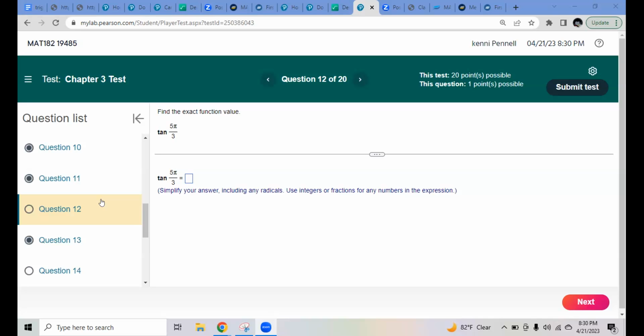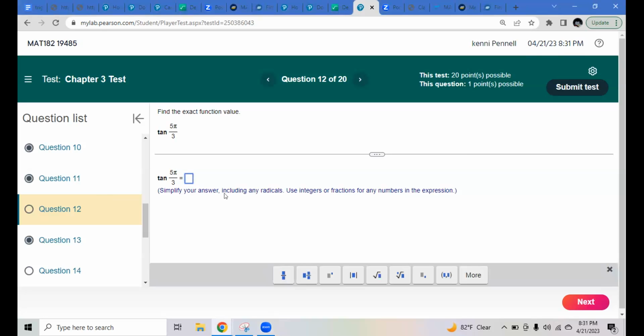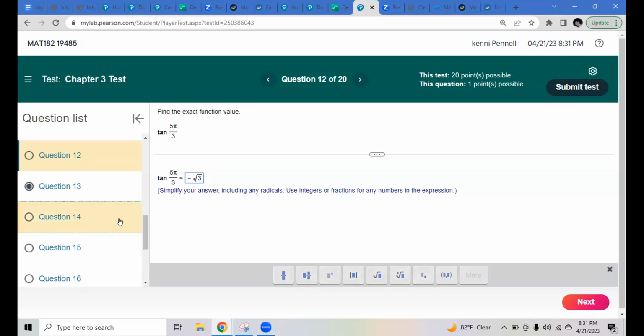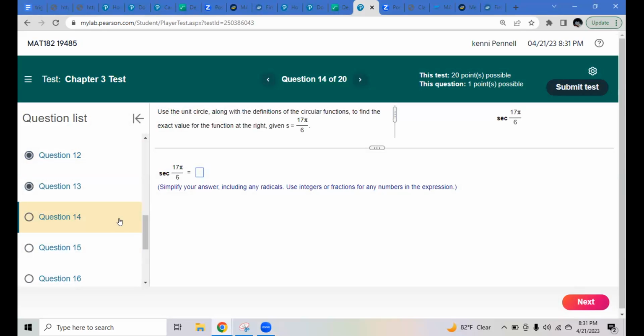The 2's cancel. What does that make it? Just negative square root of 3. Okay, let me do that real quick. Looks good, cool. I think a couple more and you'll have that full thing there.